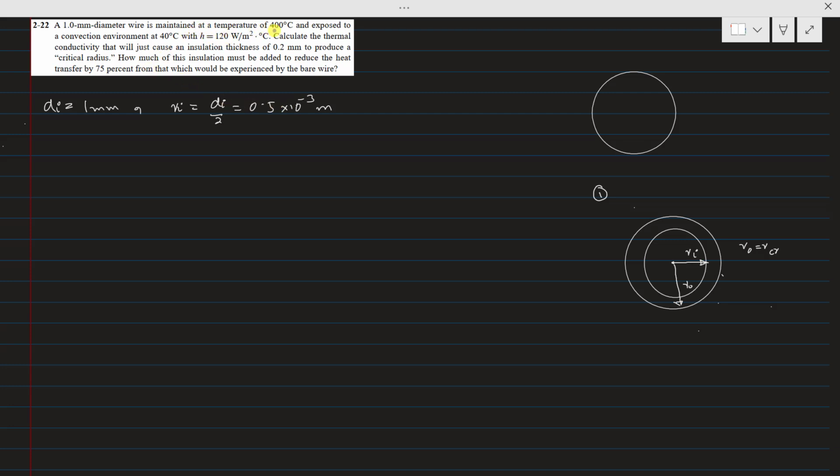Maintained at a temperature of 400 centigrade. So this inside temperature is Ti, and that is 400 centigrade. Exposed to a convection environment at 40 centigrade.